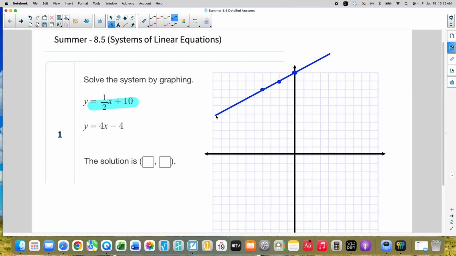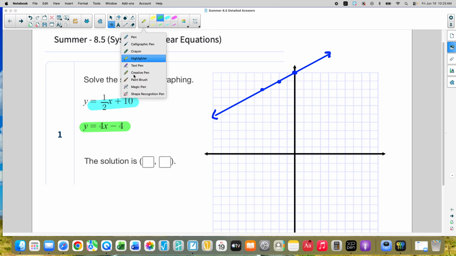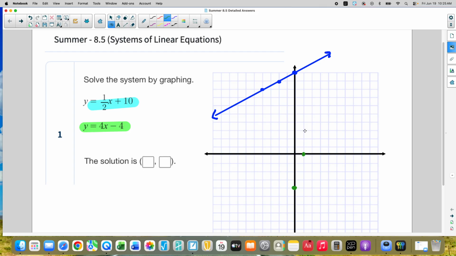We'll draw arrows to represent all the solutions, and now we'll graph the second equation, and we'll graph that in green, and my y-intercept is -4, 1, 2, 3, 4. My slope is 4, up 1, 2, 3, 4, right 1, up 1, 2, 3, 4, right 1.